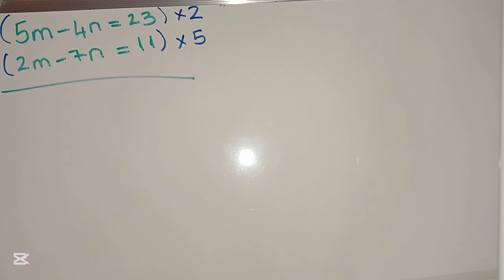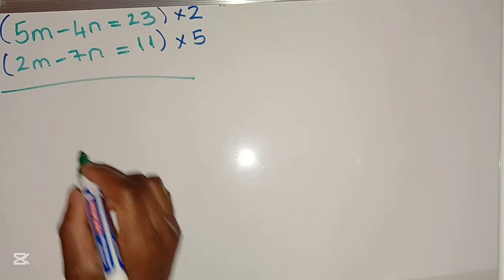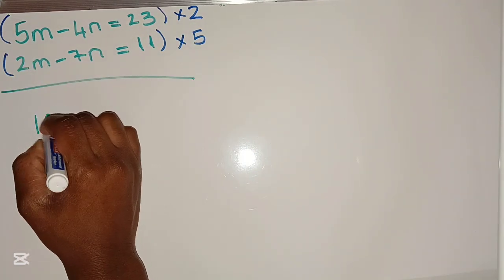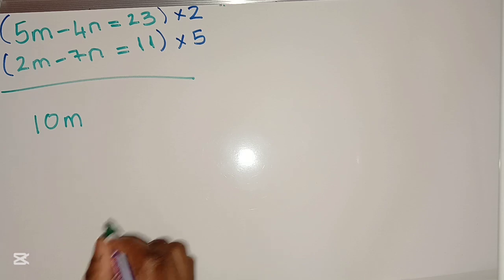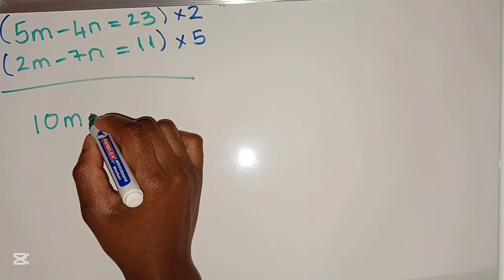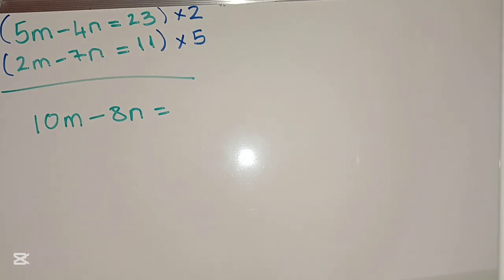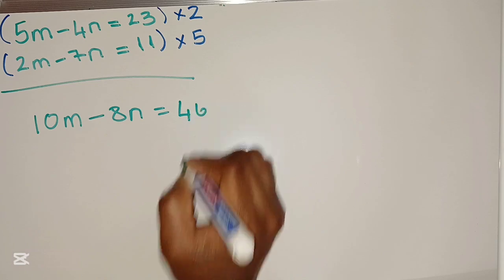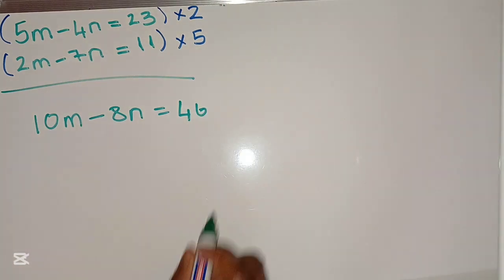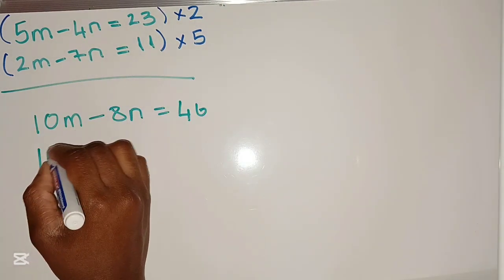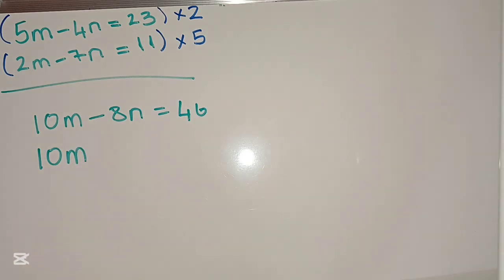Let's multiply them out. 5 times 2 is 10m. 2 times negative 4n is negative 8n. And 23 times 2 is 46. 5 times 2, 10m.